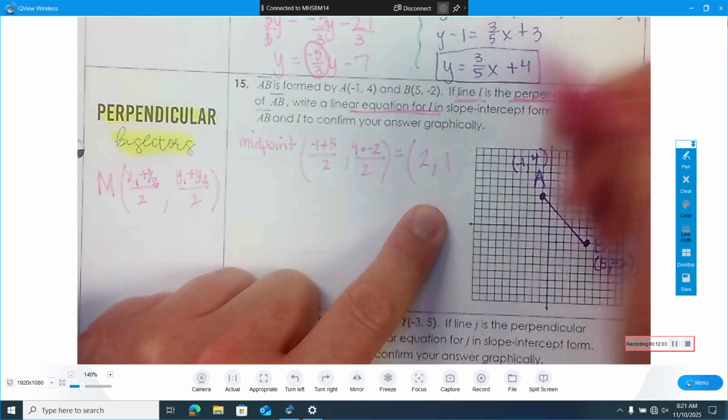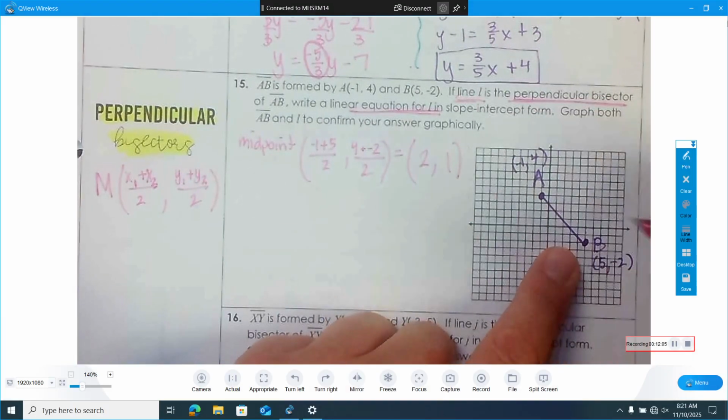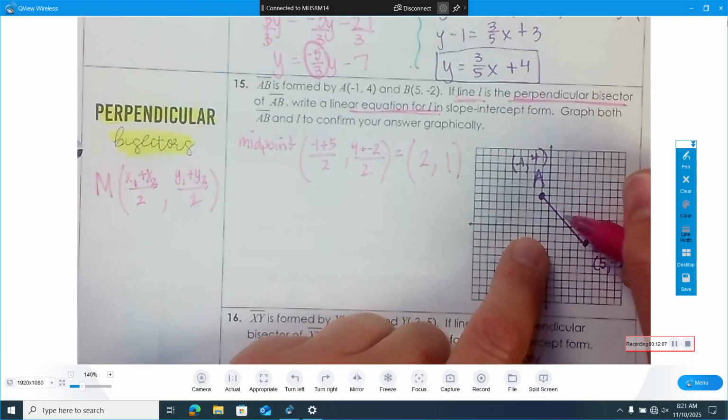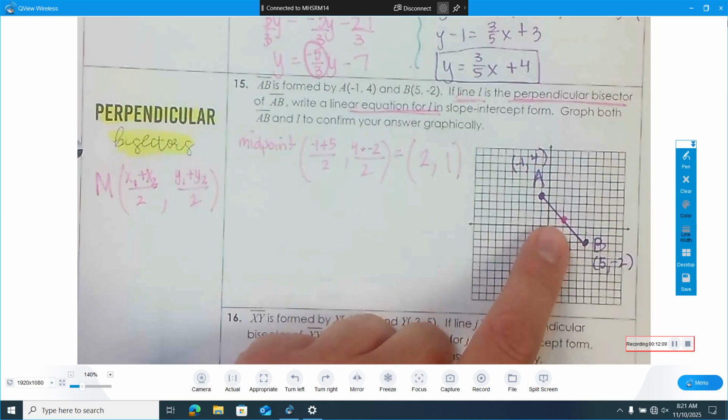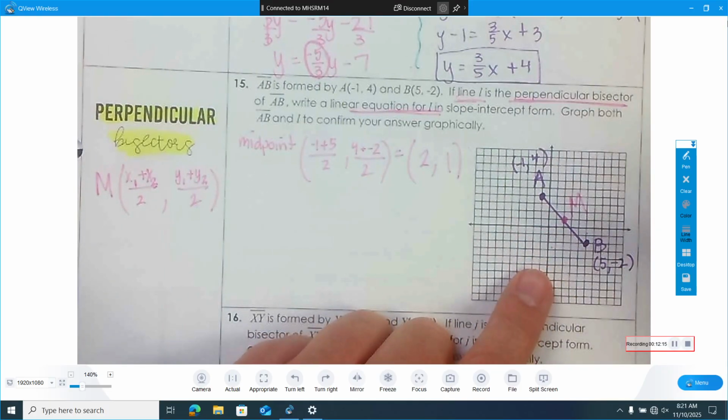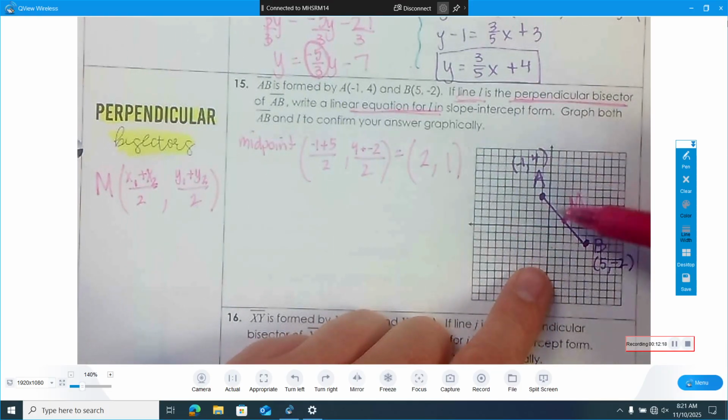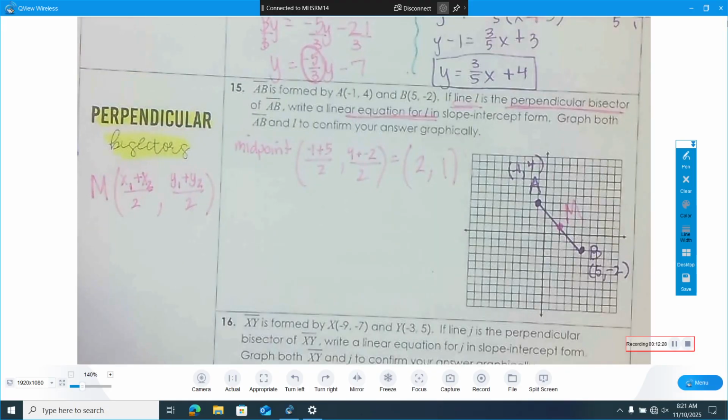Now, the nice thing about graphing, let's have a look here. Hey, look at that. There's my midpoint right there. And you can see if you were to graph it, to get from A to B, I went down 3, right 3, and I can hit M. Down 3, right 3.